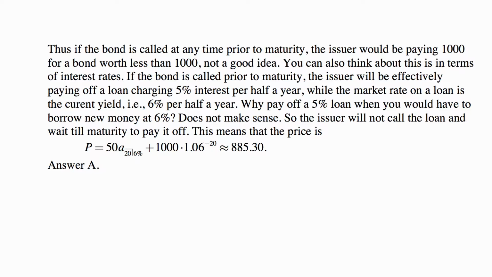And this is basically the Frank formula: F r, the amount of the coupon, a angle n, plus K, the present value of the redemption value. I call it Frank formula because that's what it spells out. And we calculate this to be 885.30, which is answer A.